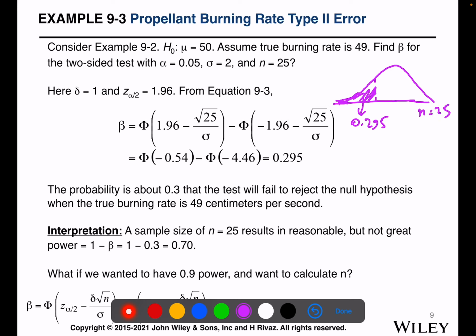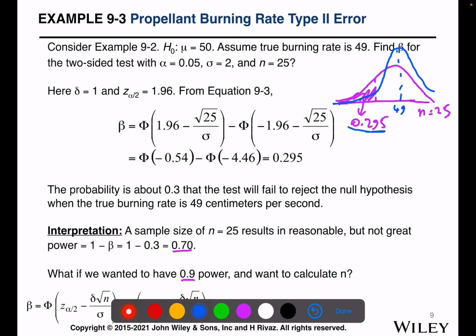Right? Now I'm saying that this n is not enough, right? I want, instead of a power of 0.7, I want a power of 0.9. Right? In other words, what I want is to decrease this area under the curve from 0.29 to 0.1, and that means that I want to increase my n such that my distribution becomes like this. So still my true mean is 49.